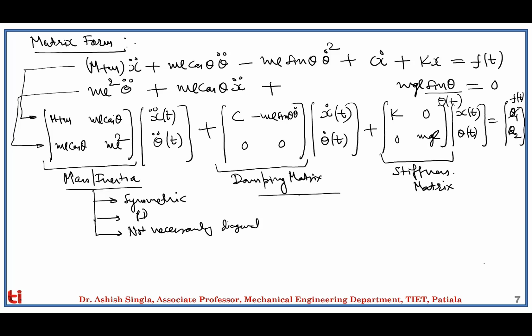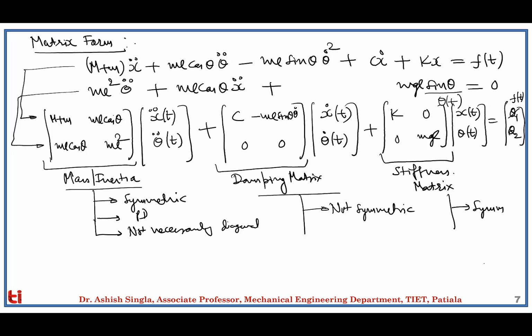Whereas the damping matrix, in the last example it turned out to be symmetric, but in this case it is not symmetric. Whereas the stiffness matrix is always symmetric. So these are the properties of these matrices.